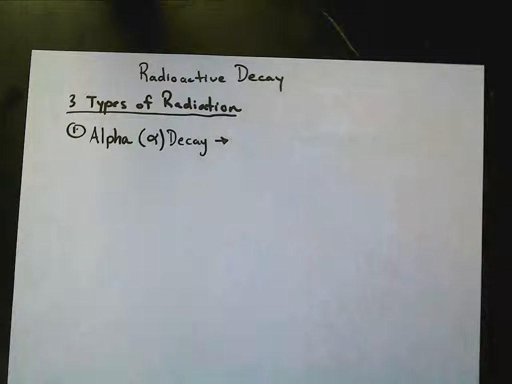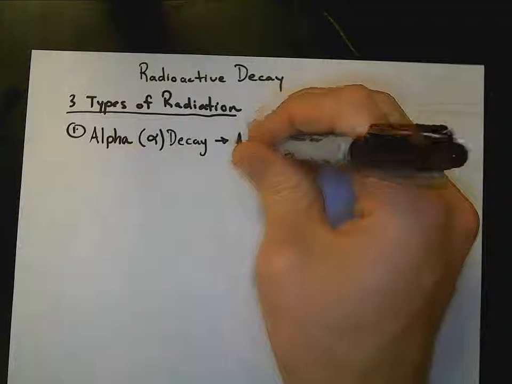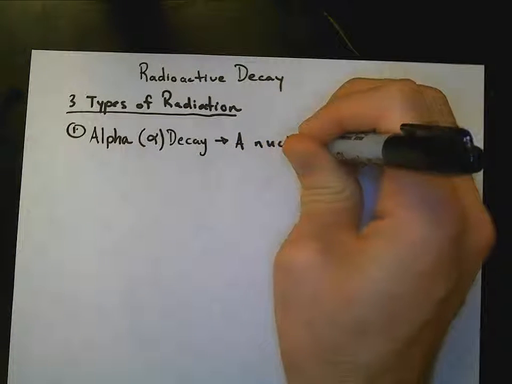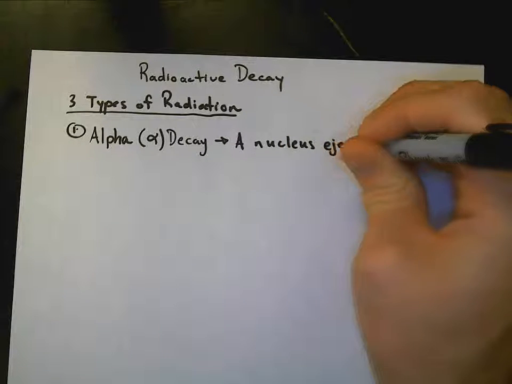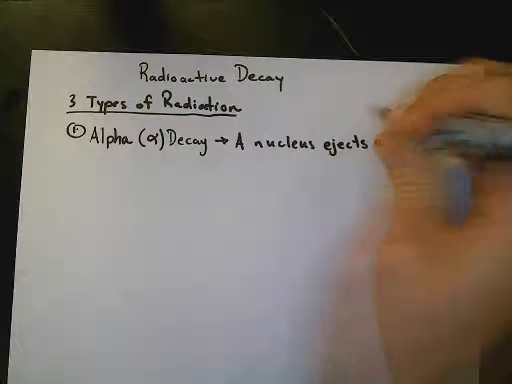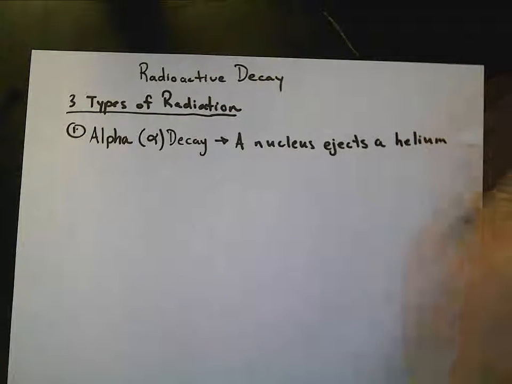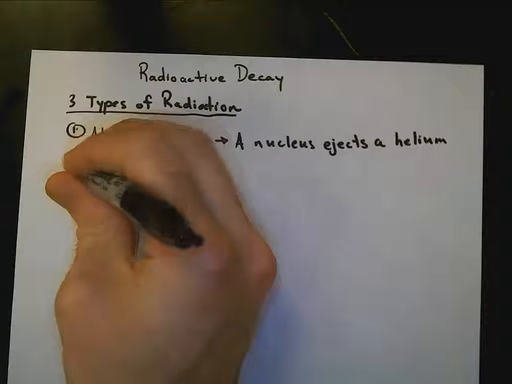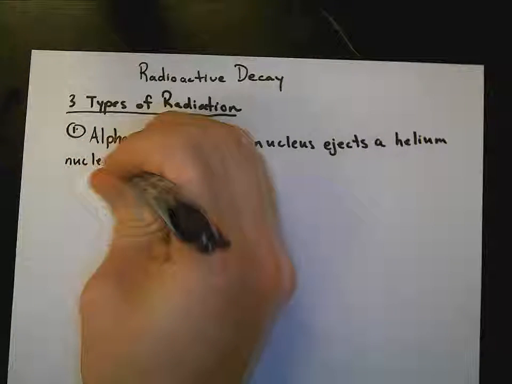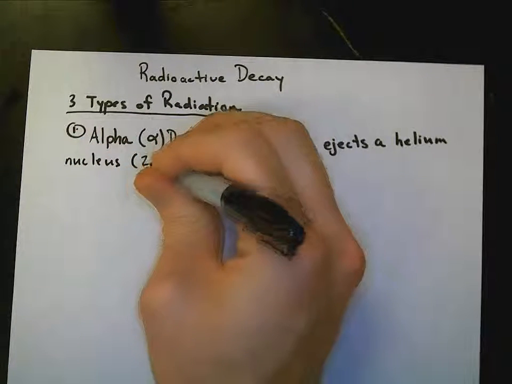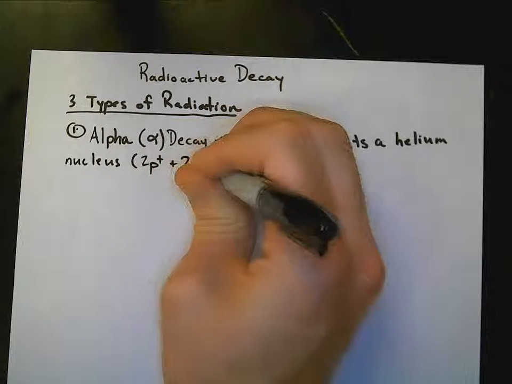And when we think about alpha decay, we have a nucleus ejecting a helium nucleus, which has 2 protons and 2 neutrons that are being ejected.